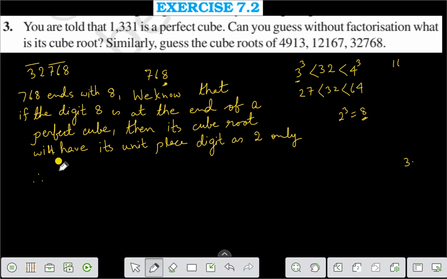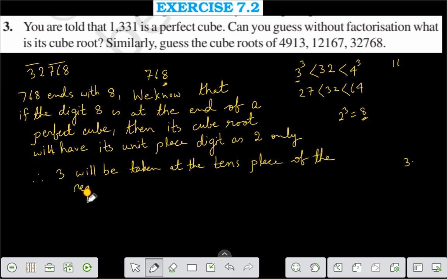Therefore, 3 will be taken at the tens place of the required cube root.